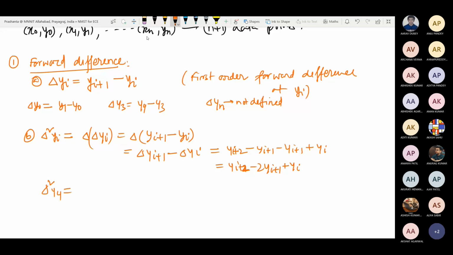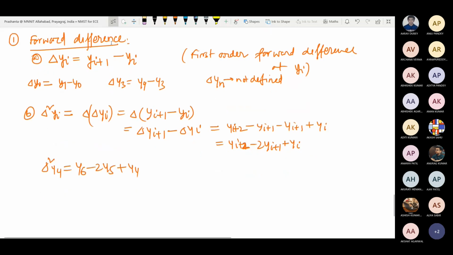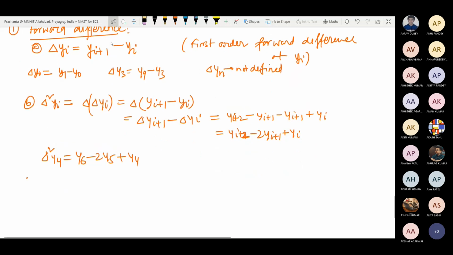If you use this formula, it will be y6 minus 2y5 plus y4. Similarly, you can define third order forward difference, del cube yi. It will be del of del square yi. So do the calculation and tell me what value you are getting quickly.